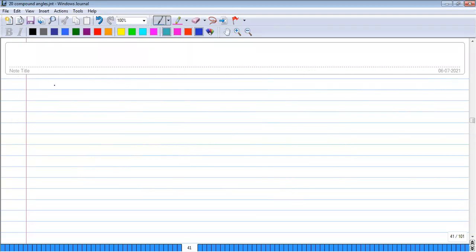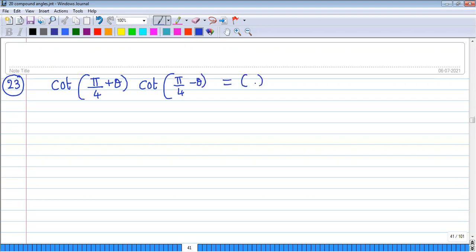Now 23rd question: cot of pi by 4 plus theta, pi by 4 means 45 degrees, times cot of pi by 4 minus theta. Product of these two equals to: first option 0, second option -1, third option 1, fourth option 1 upon 2.